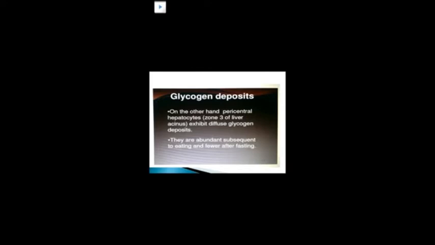See, different storages in different layers of the liver, different areas of these particular lobules. They are abundant subsequent to eating and fewer after fasting. So that is how their performance is there before eating and then after consumption of the food.